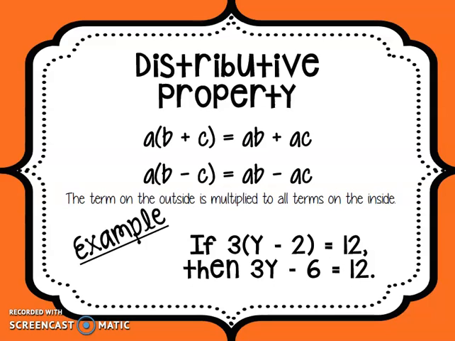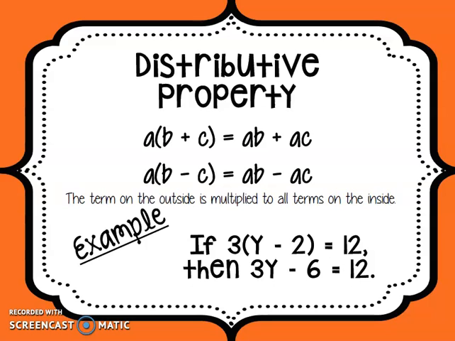Last one, distributive property. You know distributive property from Math 7-8, or actually it might even be Math 6 now that I think about it. The deal with distributive property is there's technically two types. The first one listed here is distributive property with addition, and the second one would be distributive property with subtraction. It doesn't make a difference. It's done completely the same way.